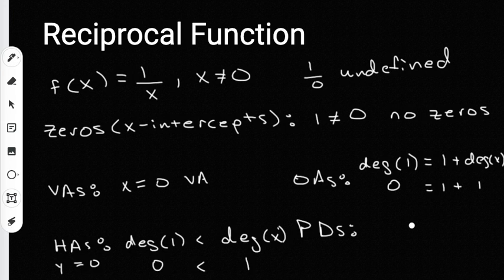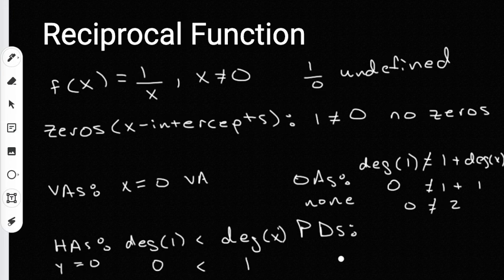So I have 0 equals 1 plus 1. That doesn't work because that gives us 0 equals 2. So these two sides are unequal, and I'm going to put a not equal to sign. Since these two sides are not equal, there are no oblique asymptotes, so I'm just going to write none.